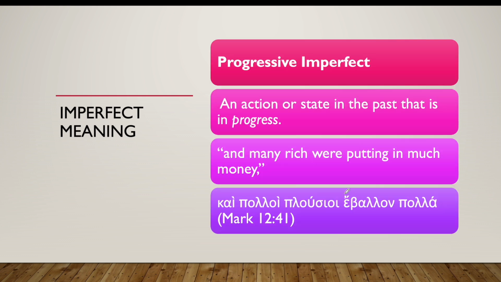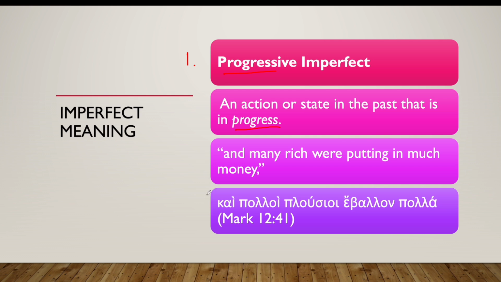Let me talk a little bit about some of the nuances of the imperfect that we're going to find in the New Testament. The first one is something called progressive imperfect. Okay? And it conveys an action in the past that's in progress.